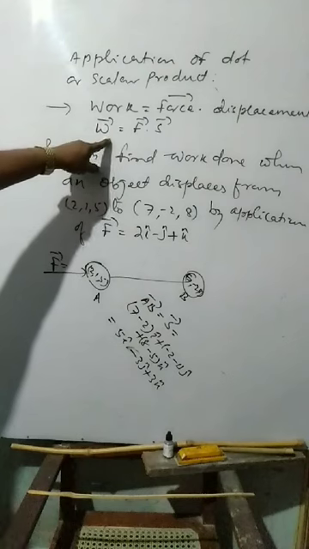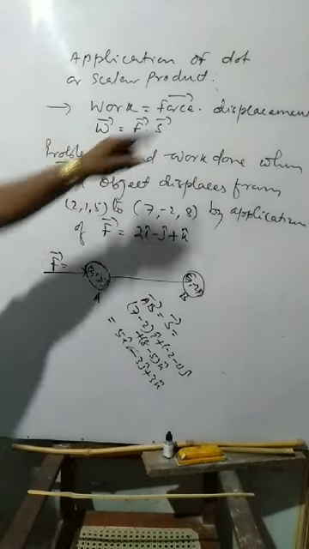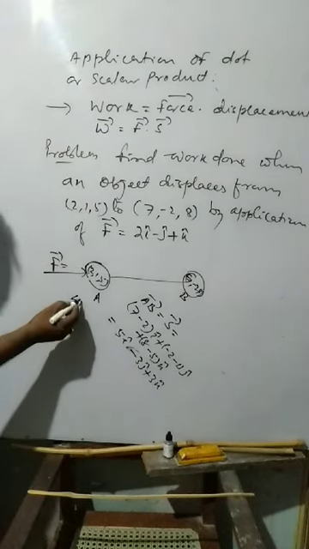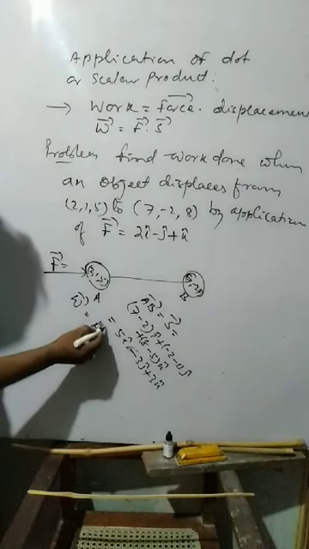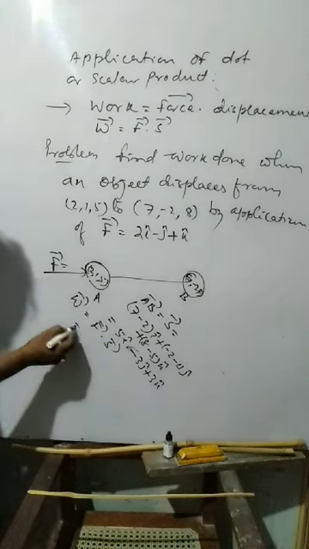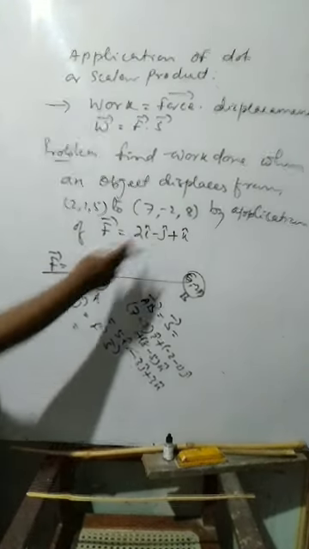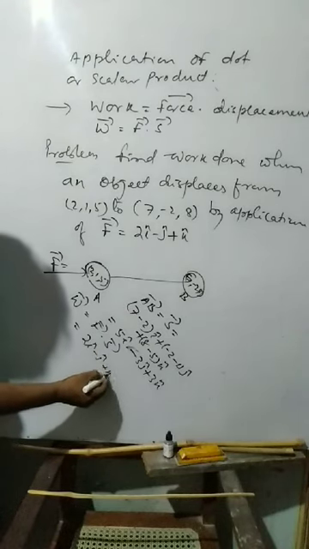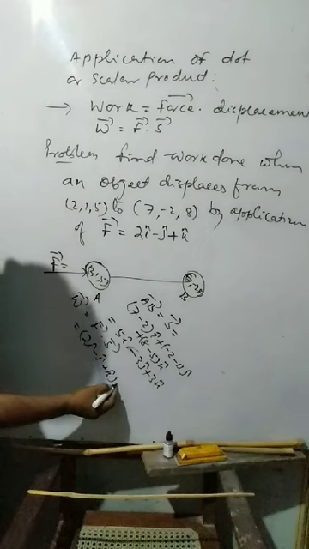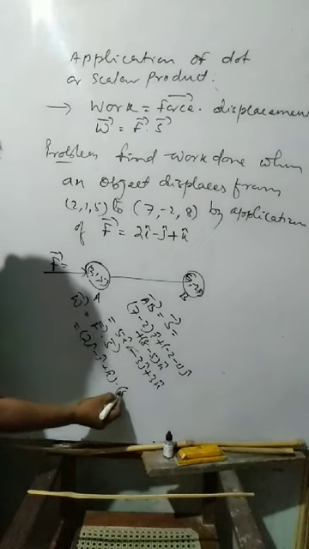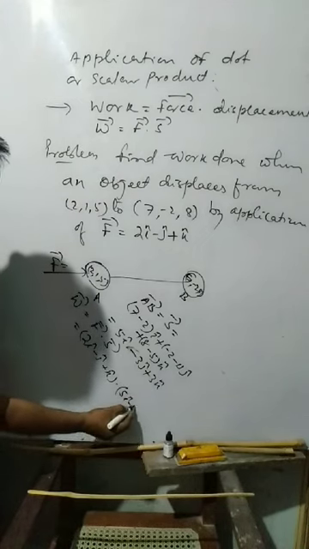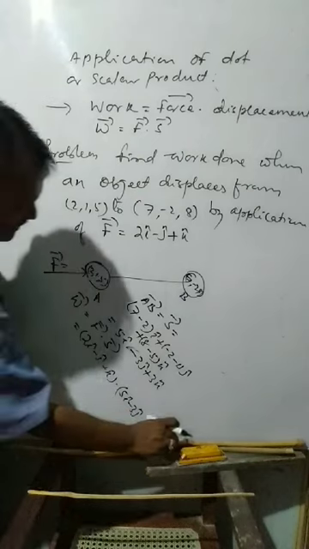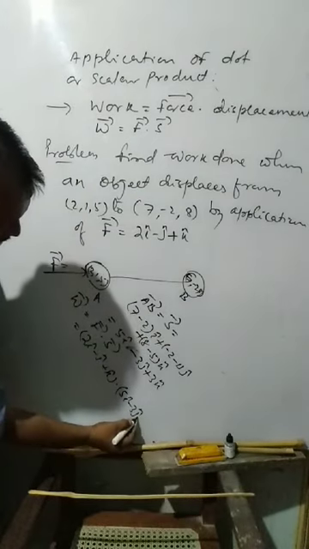By application of work done, W equal to F dot S. F equal to 2i cap minus j cap plus k cap, dot S equal to 5i cap minus 3j cap plus 3k cap.